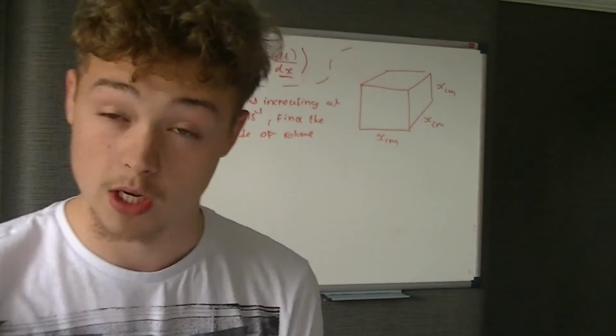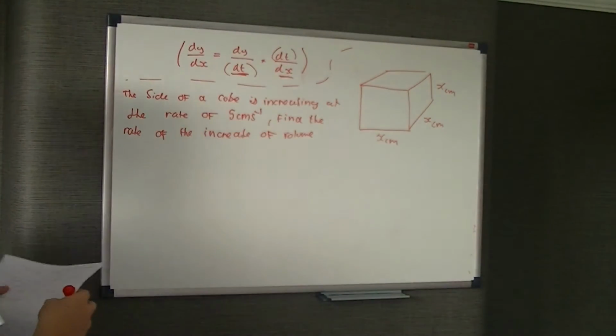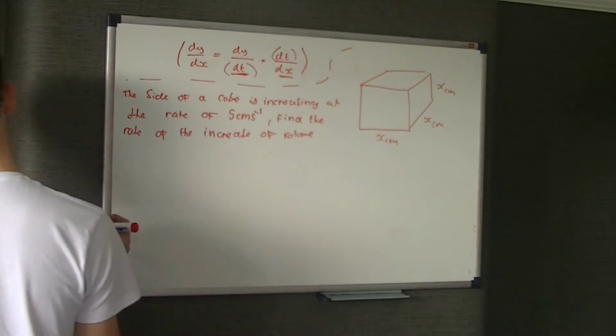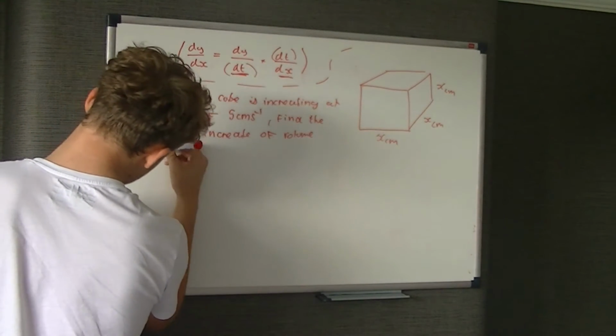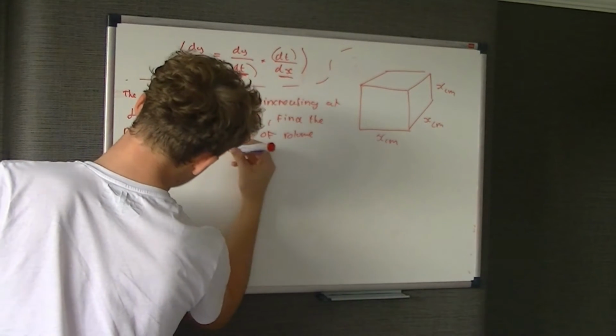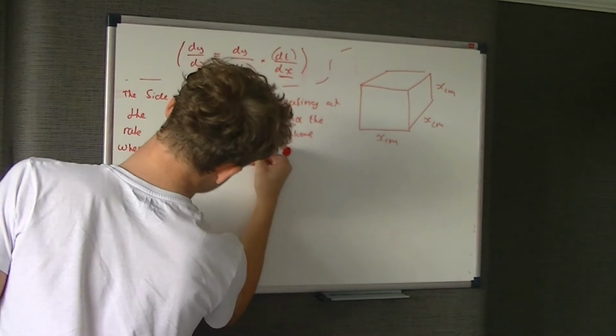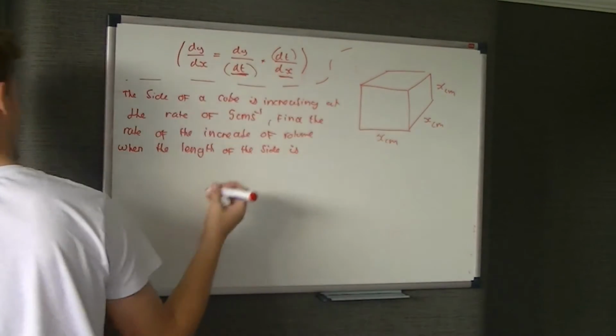There's the chain rule even, well, in that context anyway. So find the rate of the increase of volume when the length of the side is 3 centimetres.